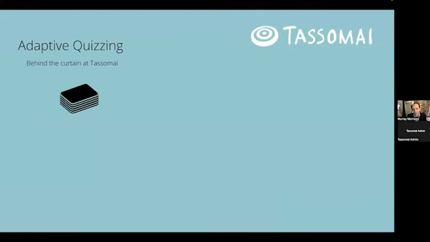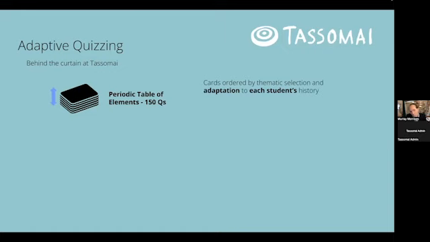Tassomai is an adaptive quizzing program. So if you imagine a topic like the periodic table of elements as a deck of flashcards, what Tassomai is doing all the time is ordering these cards for every given student. They're not shuffled, because they're not random. The way those cards are ordered is specifically designed to adapt to every student's own personal history with that content.